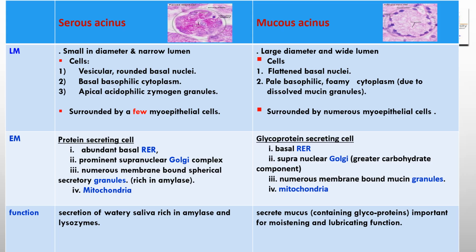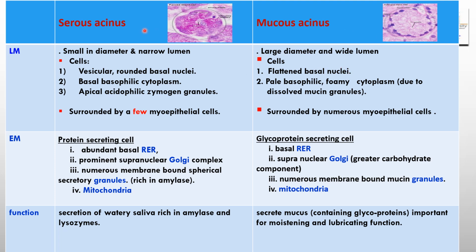Let's summarize and compare between the two main types of the acini of the secretory portion, serous acini and mucus acini. Serous acini have a small diameter and narrow lumen, while mucus acini have larger diameter and wide lumen.